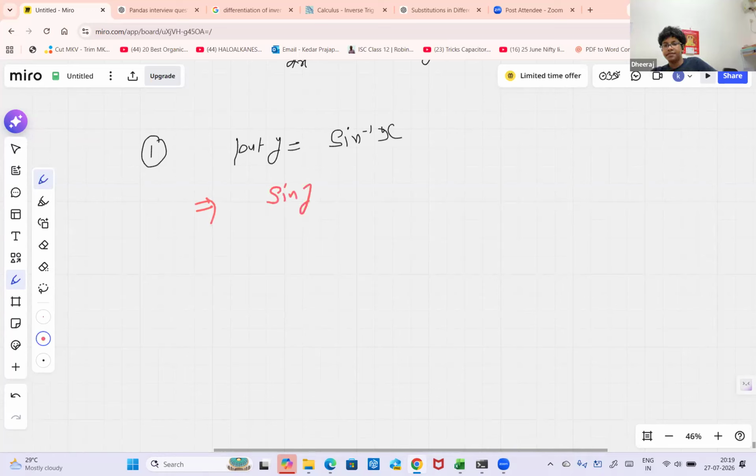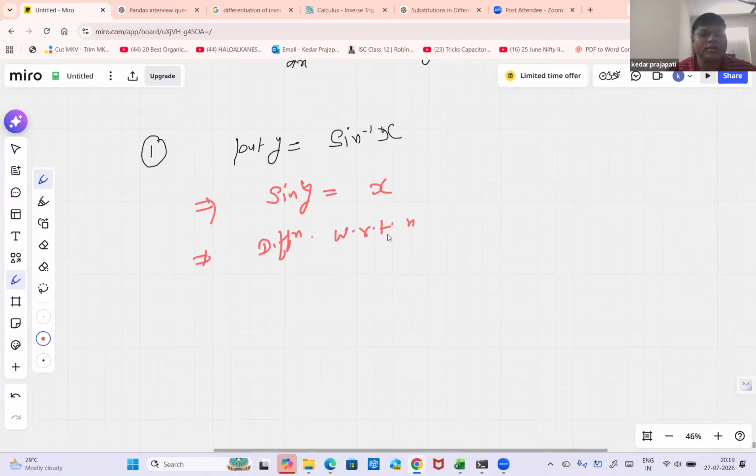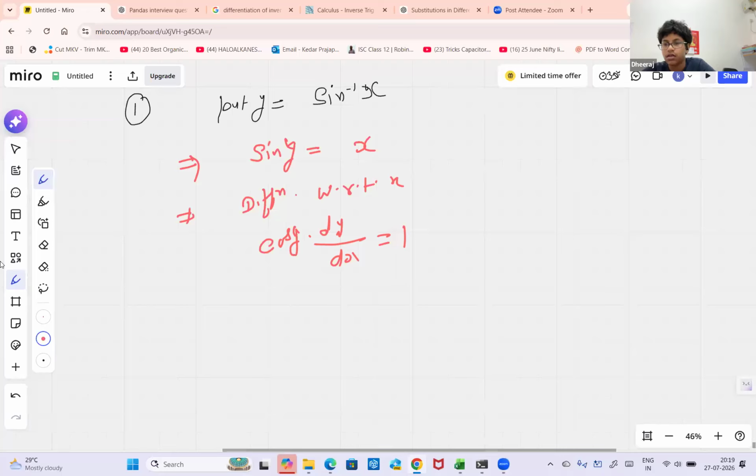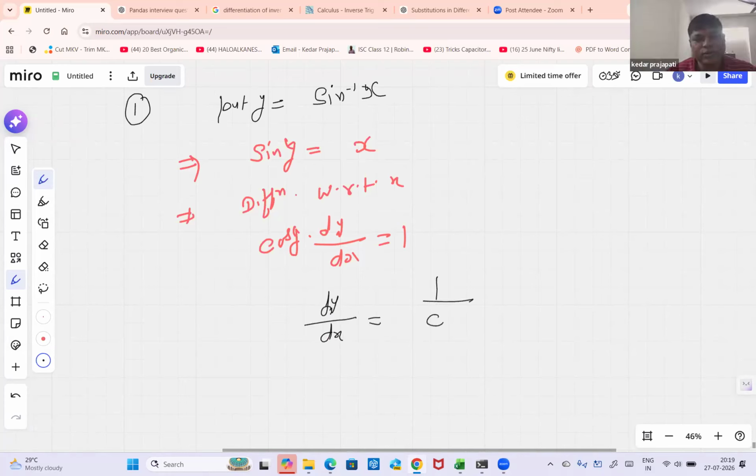Okay. And differentiate with respect to x. Now differentiate. Cos y dy by dx is equal to 1. So dy by dx is equal to 1 by cos y.